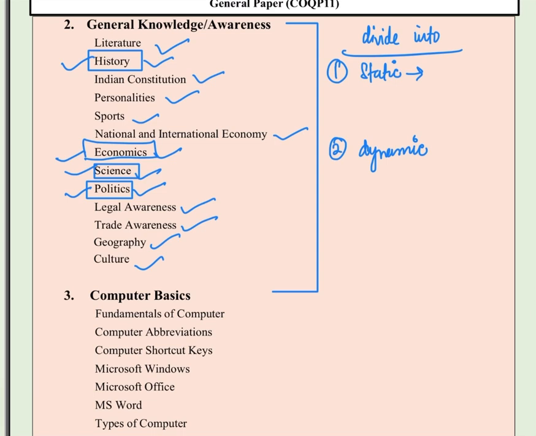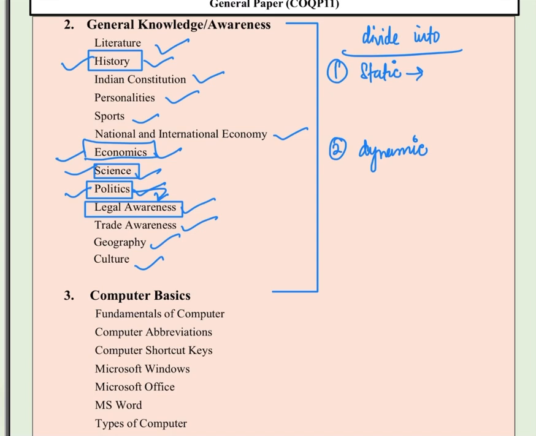All these form the static portion of politics. There is another part of this subject, current affairs, which we do separately. The legal awareness topic is nothing but the dynamic part of political science.